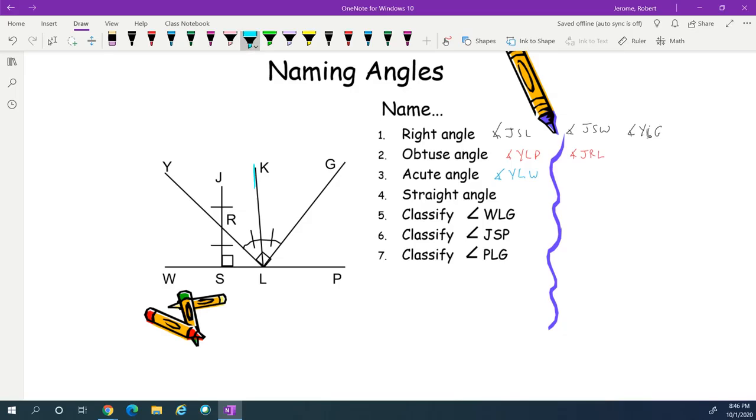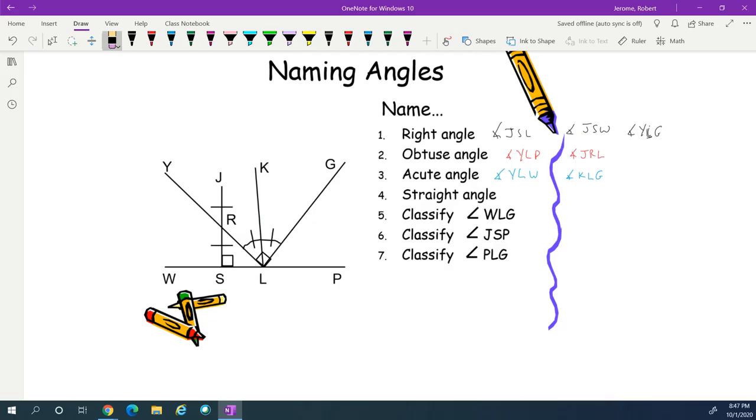How about angle KLG? That angle right there. And again, remember, we draw an arc in it. That's less than 90 also. Angle KLG. And there are a bunch of angles here.